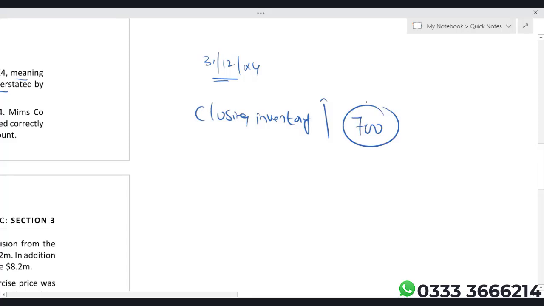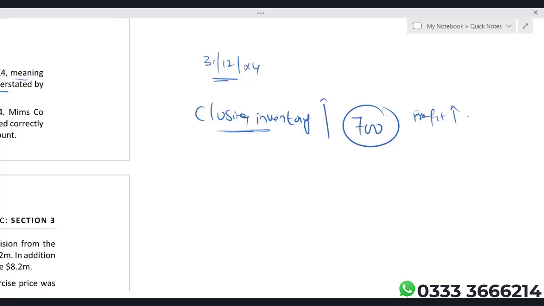Now try to understand. In X4, closing inventory was overstated by 700, which means that increasing closing inventory means X4 profitability has increased also. Because increase in closing inventory means profitability will also increase.